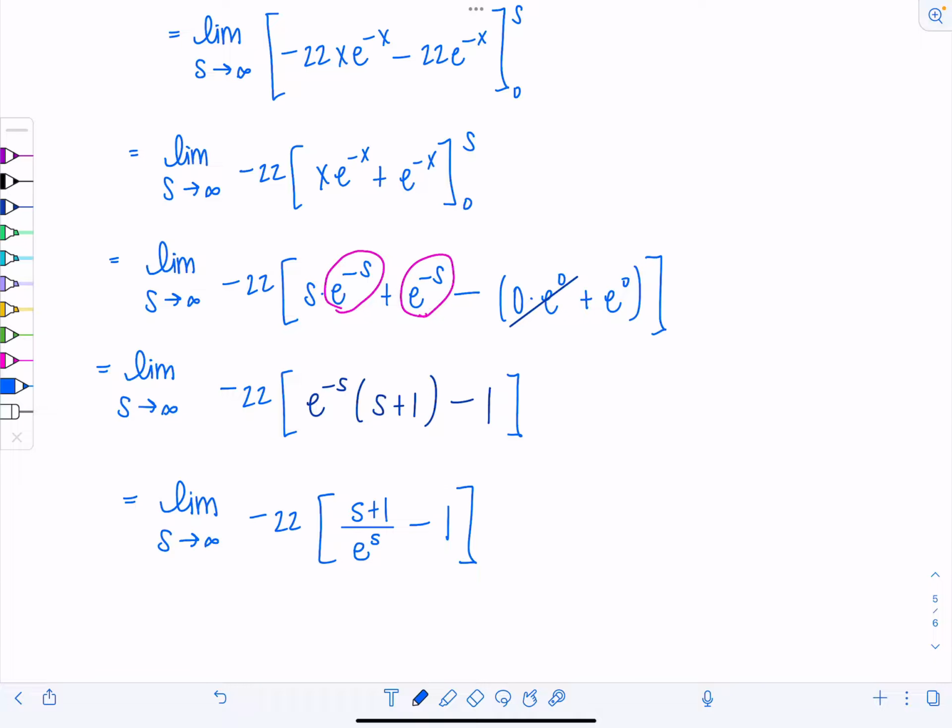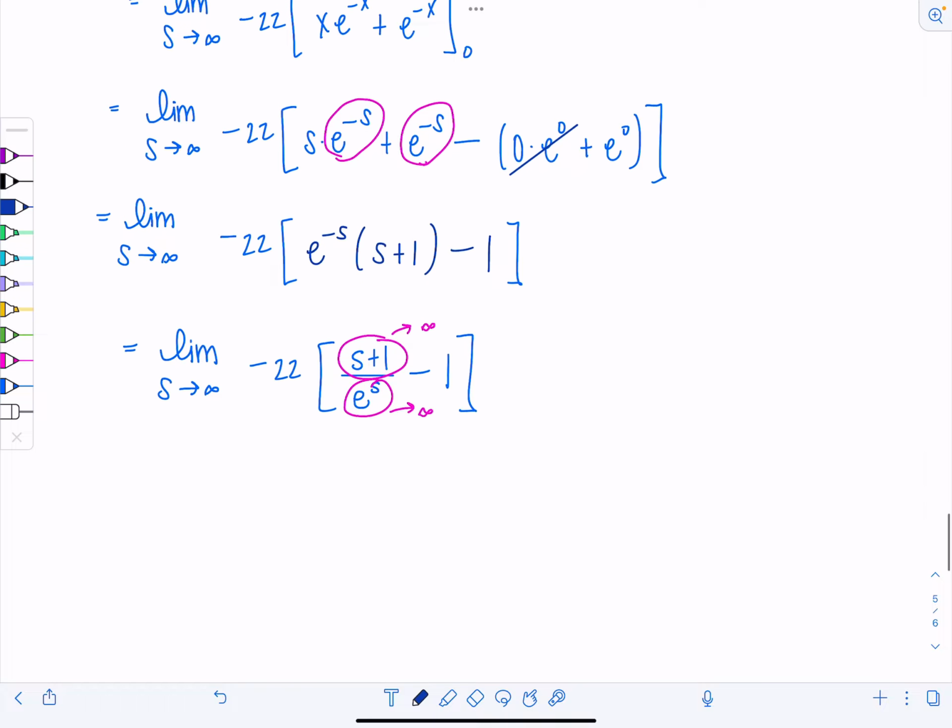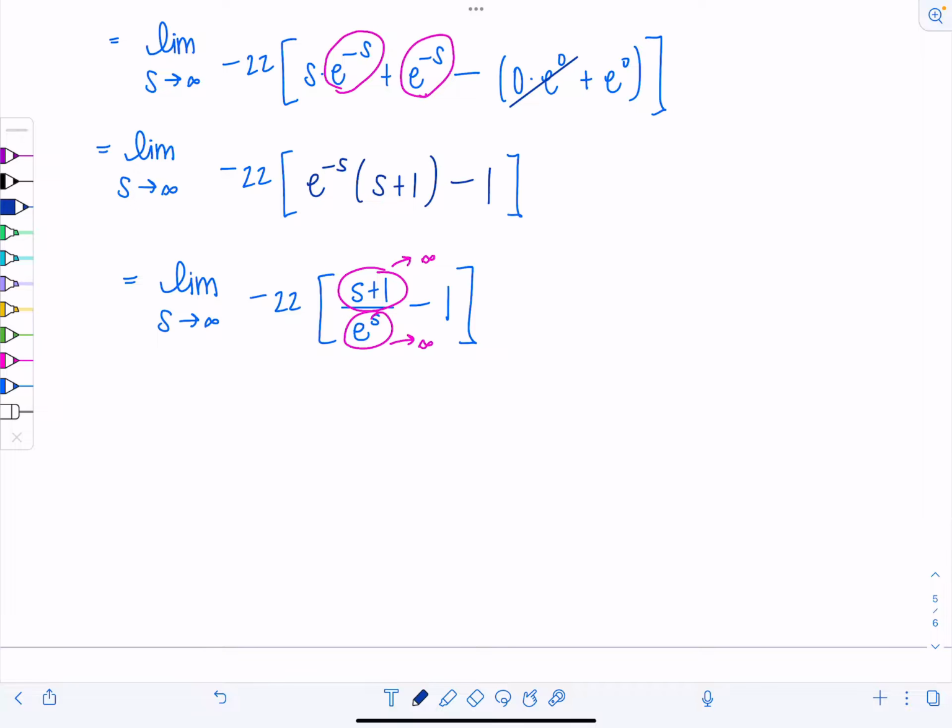If s goes to infinity, notice s plus 1 is going to infinity, and so is e to the s. So in that case, we have an indeterminate form of the type infinity over infinity, and we can go ahead and use L'Hopital's rule for that limit.